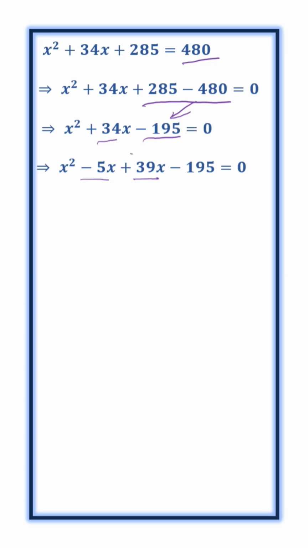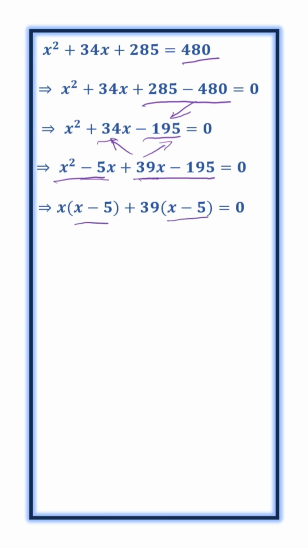If you multiply, you will get negative 195. Now group. So now it becomes x into (x minus 5) plus 39 into (x minus 5) is equal to 0. Again group: (x minus 5) into (x plus 39) is equal to 0.